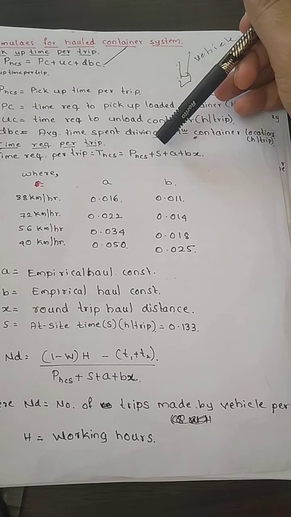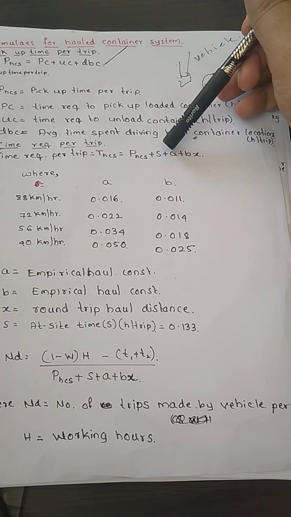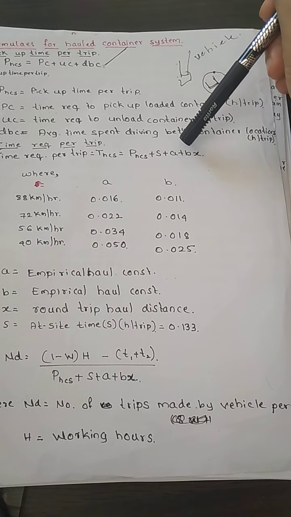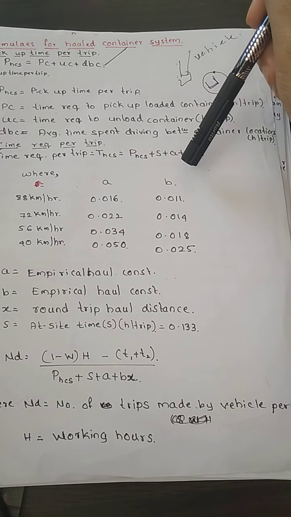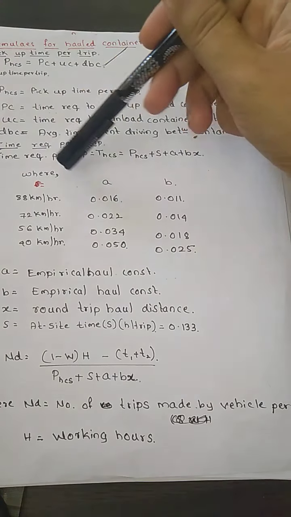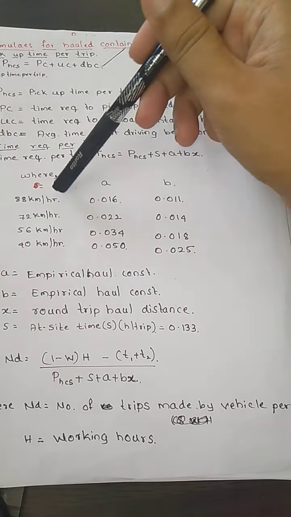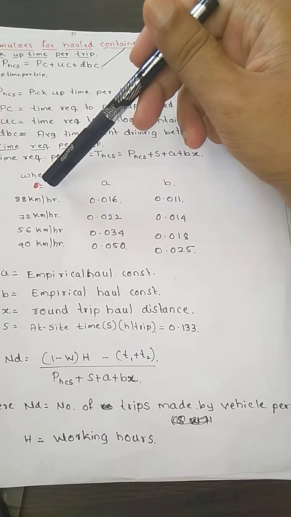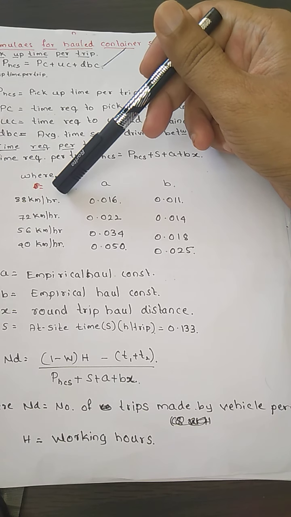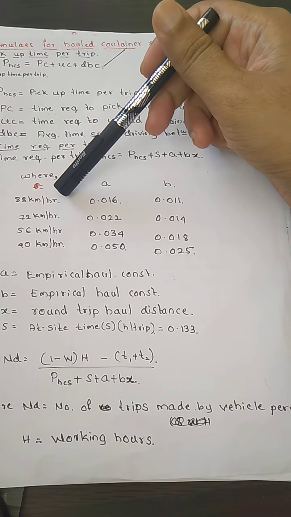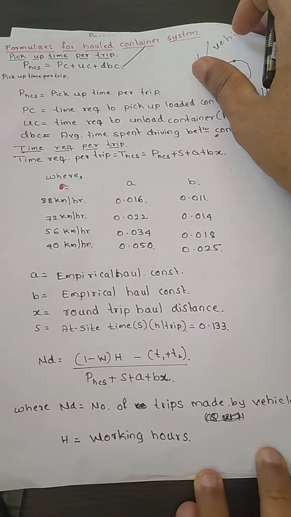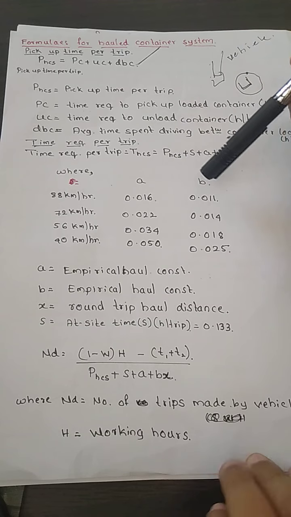So we need to remember that the S value is 0.133 hour per trip. Then A and B are both constants. They depend on the speed of the vehicle. If the speed is around 88 km per hour, for the vehicle carrying the solid waste, depending on its speed we get the A and B values.